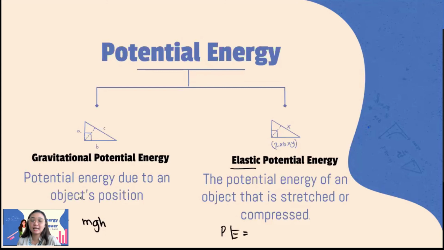So yung sa elastic, equivalent siya sa 1/2 kx squared. Okay? This is derived from Hooke's law in his study on springs and such. Pero mas mag-focus tayo kay gravitational potential energy kasi this always occurs sa mga problems natin sa kinematics. Okay?